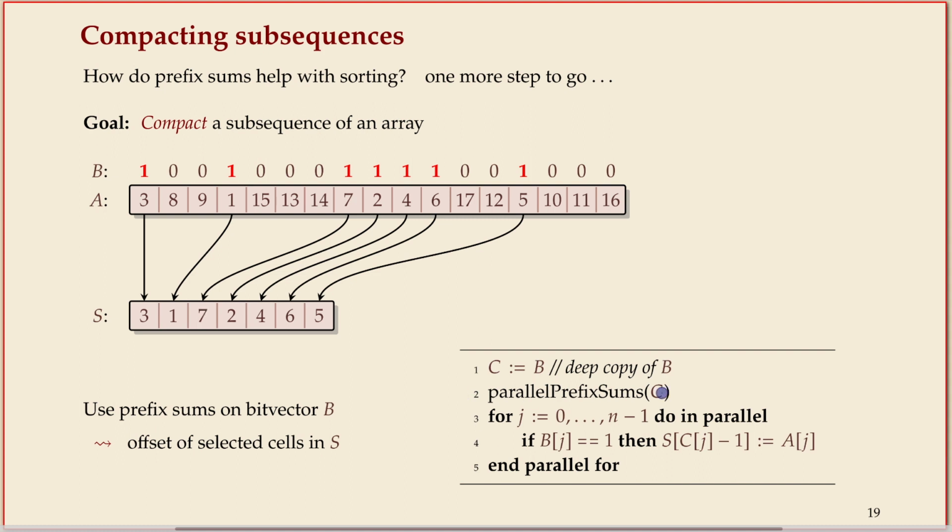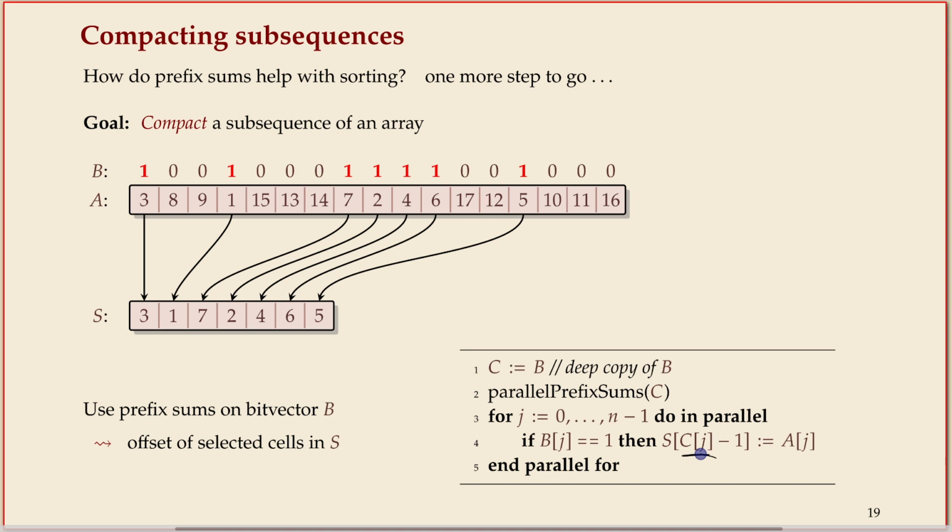So once I've computed the prefix sums, I can use these entries above the elements to know where they should be written to. And so I can do the second part in parallel. For each element in A, I either do nothing, namely if there's a 0 above that element, or I take it and write it to the output at the position given by C, the prefix sum of all the bit vectors.